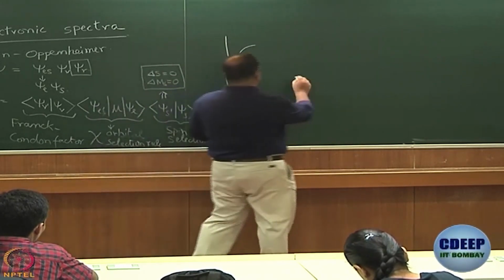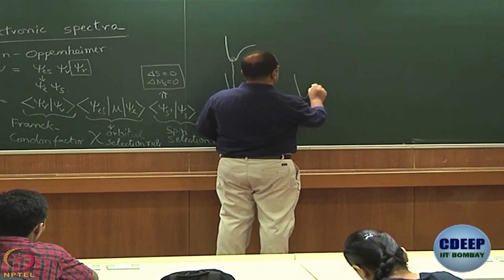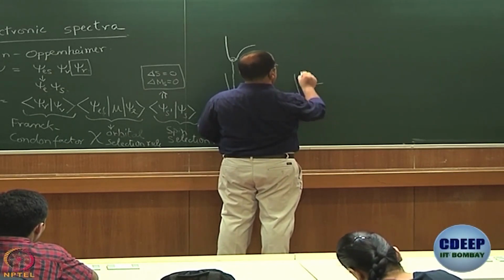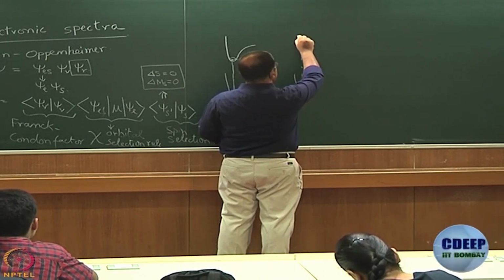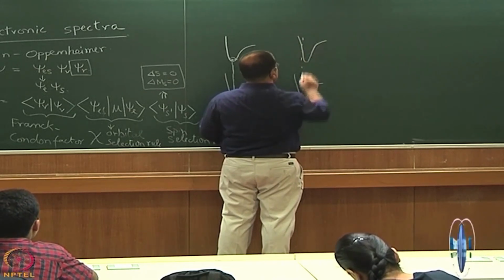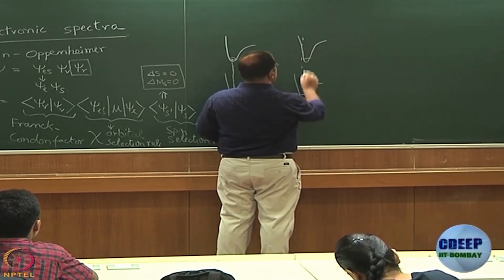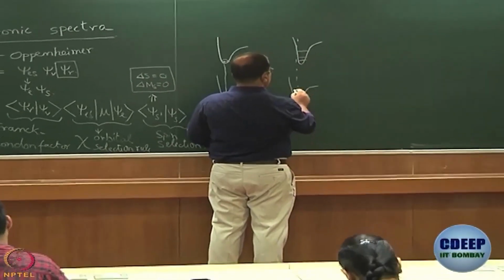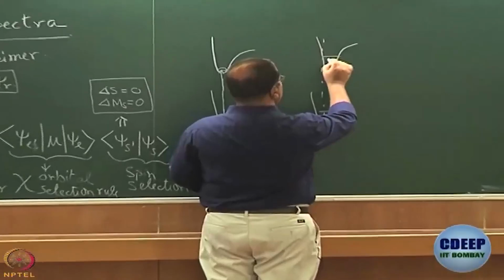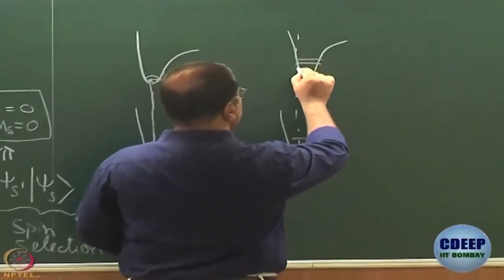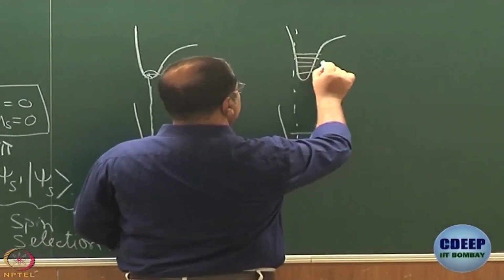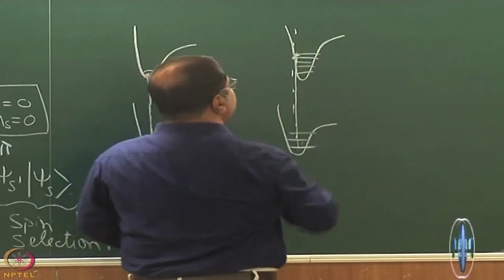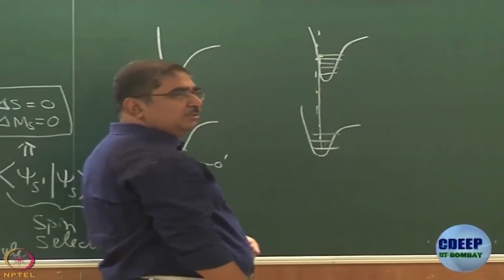What happens when the situation is something like this? Actually, I have drawn it in the other way, something like this. So, now you see this transition will be the most probable one.